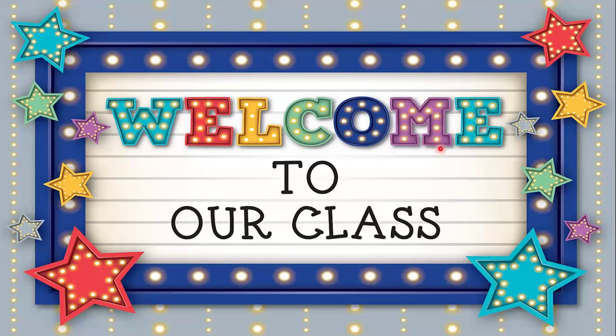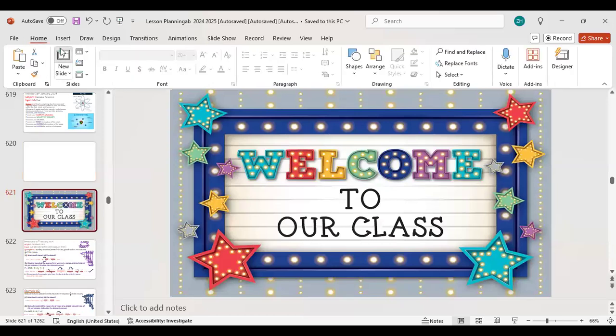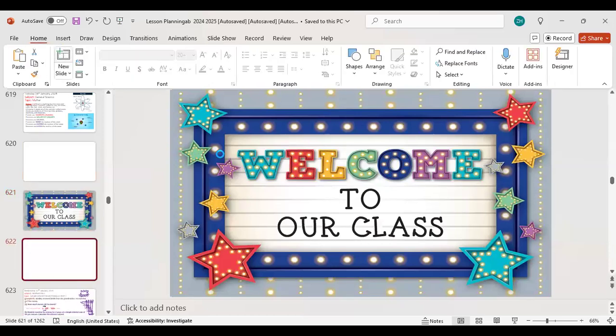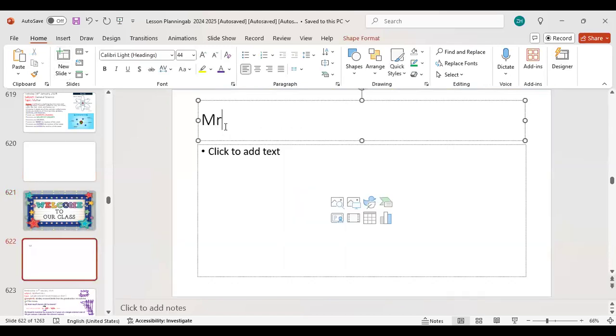Let's begin. What we're going to do here is continue our journey with simple interest. Write this down for me, please. My name is Mr. Petit. Today is Tuesday, the 14th of January, 2025.